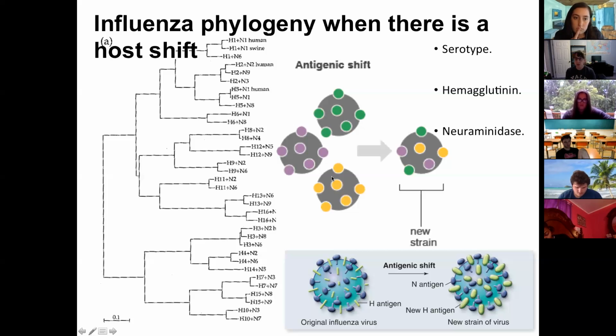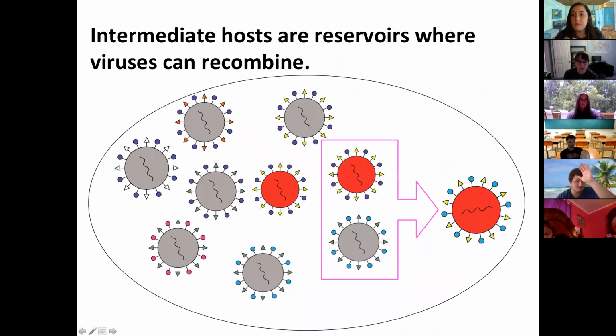You could do the same thing with N's and you'd get a totally different topology, with the N1s grouping together, the N2s grouping together, the N6s. But then you get conflict in the phylogeny. You would get those crossings between, oh wait a minute, this looks like a bird flu versus a human flu, okay?